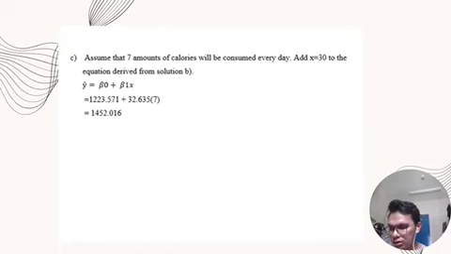So our intercept of y is 1223.571 plus 32.635. Then you multiply by 7, you will get y hat, which is 1452.016.